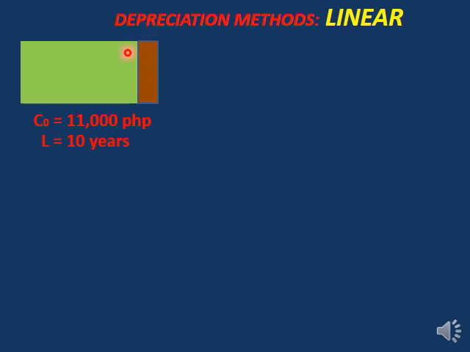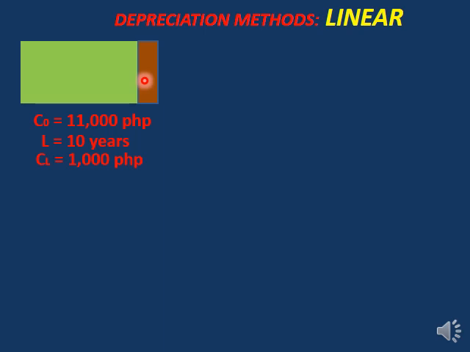Assuming that this portion represents the cost due to the materials in the phone, the plastic, the metals, and the rubber, and assuming this is worth 1,000 pesos, that is CL, meaning the cost after its lifetime, which is sometimes called the salvage value. Well, the salvage value refers to the cost of the materials in it.